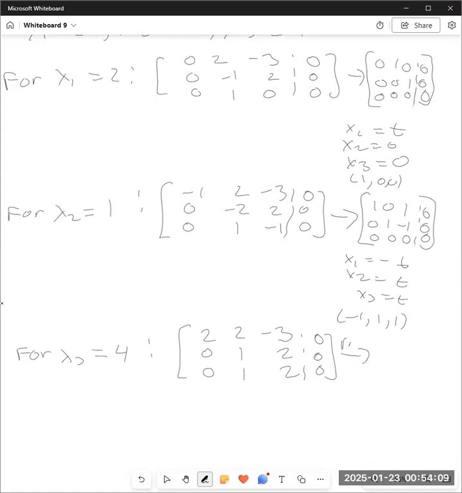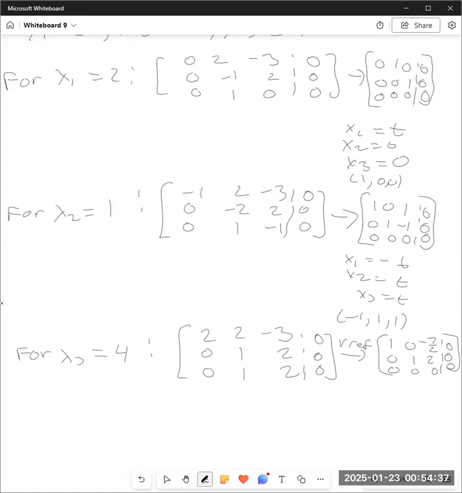We're going to RREF this. RREF. And we get 1, 0, negative 7 halves, 0, 1, 2, 0, 0, 0.